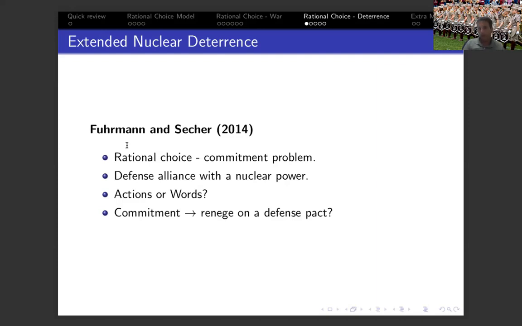or is a public announcement enough to make the alliance between the United States and South Korea? And the main challenge in this case is, again, coming back to the commitment mechanism, whether the United States can convince its adversary that it will not renege on this defense commitment and is willing to pay the cost of the conflict if the ally is attacked. So if North Korea decides to attack the South, the United States has to convince the North that it is willing to pay the cost and actually go into the conflict.